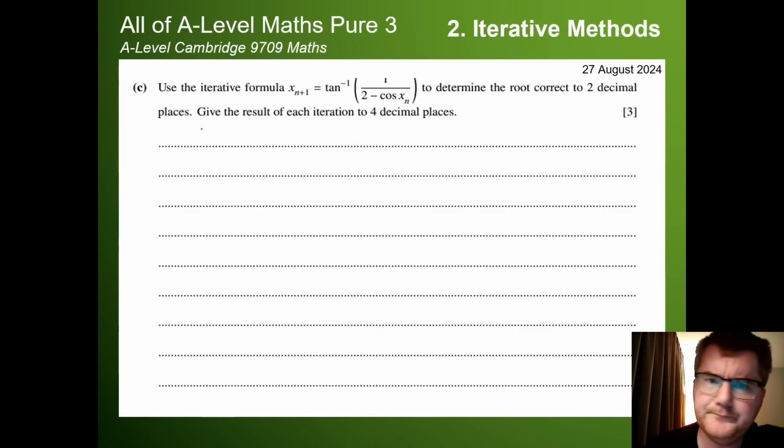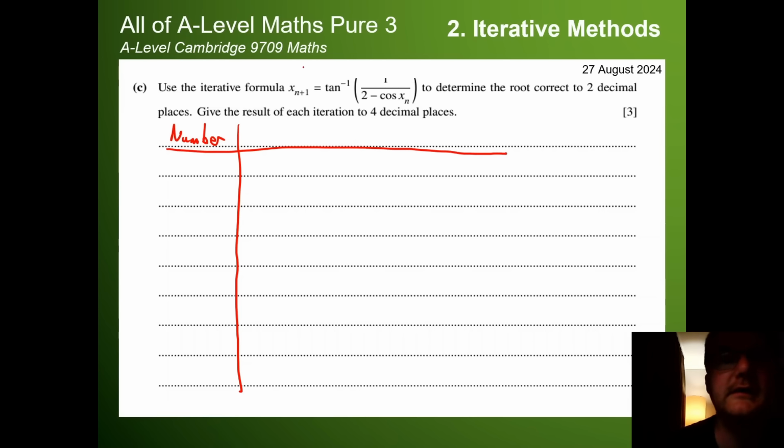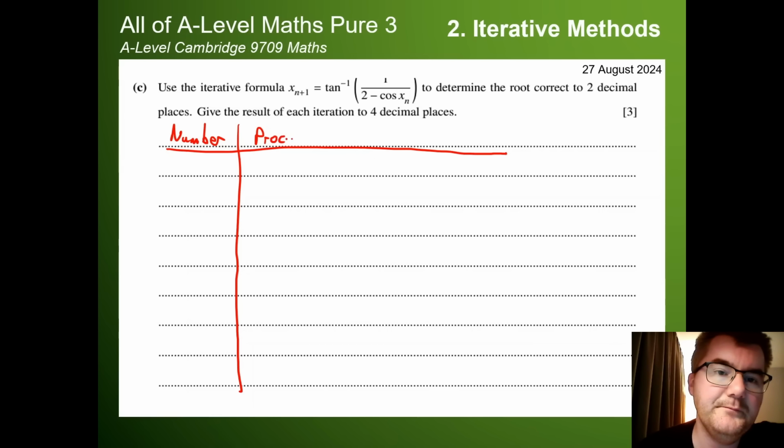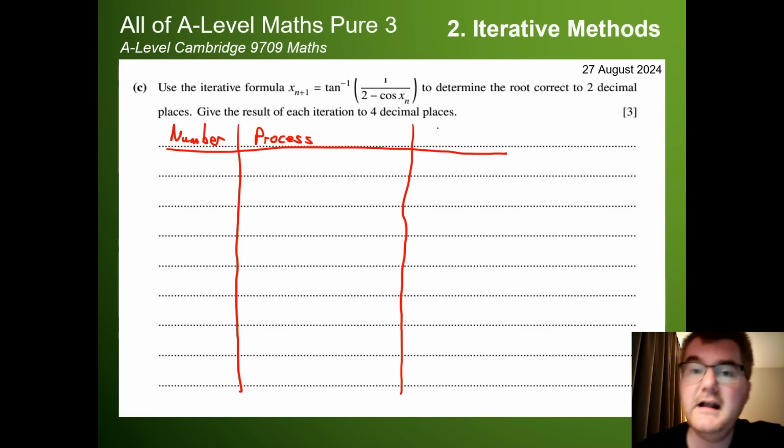Okay, so first of all we want to set up a nice clear table here, with the number, then our process, and then the conclusion. So what conclusion we're going to make from the result that we have so far.